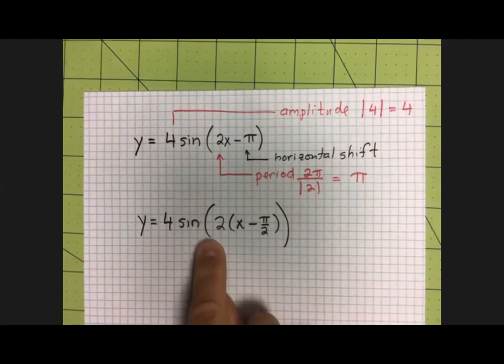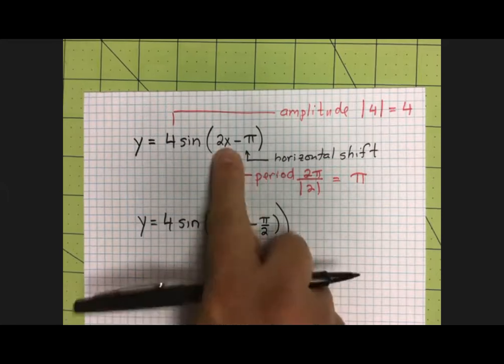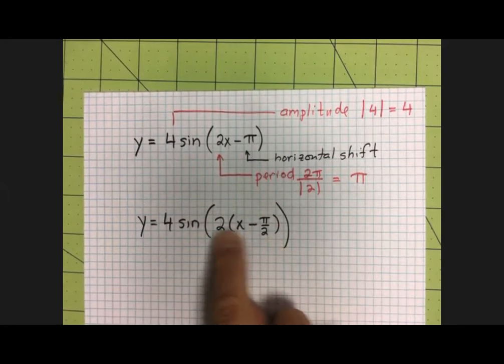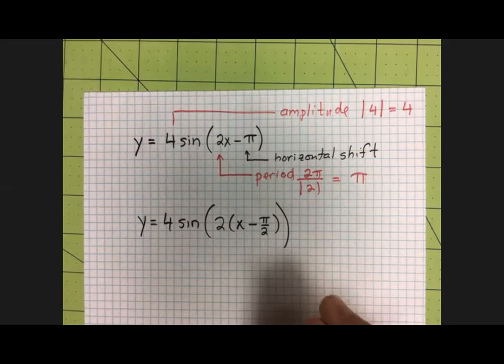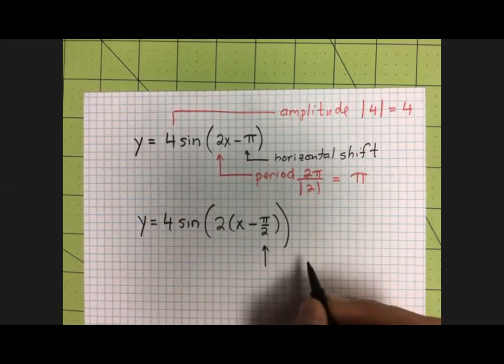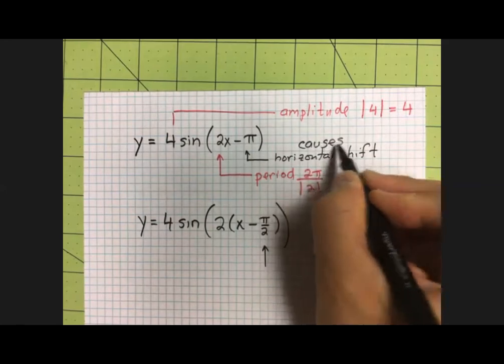Seems kind of crazy to invent a fraction. But when I multiply this out, isn't it 2x minus pi? 2 times x, 2x. 2 times minus pi over 2 is minus pi. This tells me what the horizontal shift actually is.